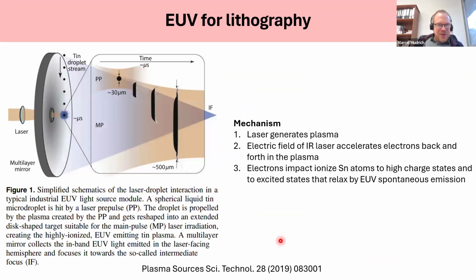Just to show a little bit more in detail how this is done. We have this beam of tin droplets passing through the vacuum, passing very close to this large, extremely precisely machined and polished collecting mirror to collect the radiation. And these tin particles are irradiated by intense laser light, exploded, and highly excited to emit the EUV light. Actually, it's not only the infrared laser that drives this microplasma.